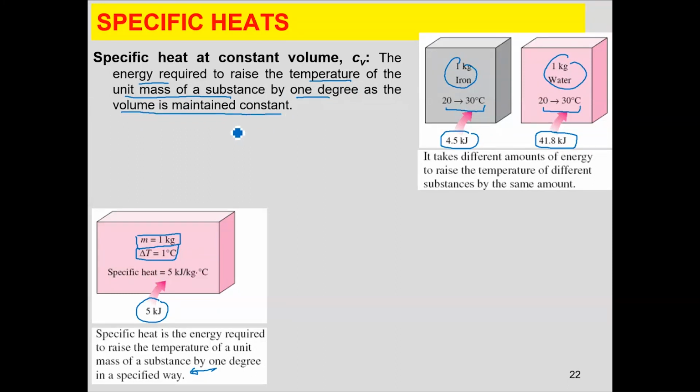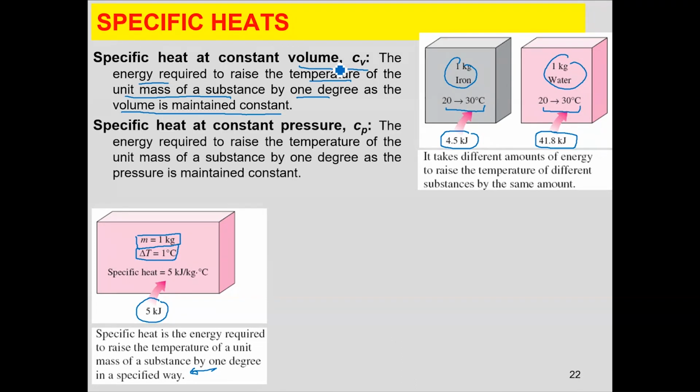So at constant volume, the energy required to raise the temperature of a body of 1 unit mass by 1 degree is defined as CV, which is the specific heat at constant volume. And another way is the energy required to raise the temperature of unit mass of a substance by 1 degree under the constant pressure process.